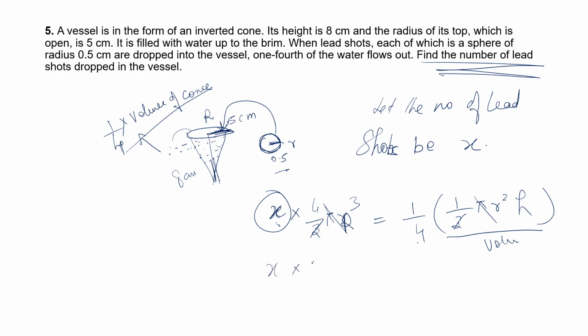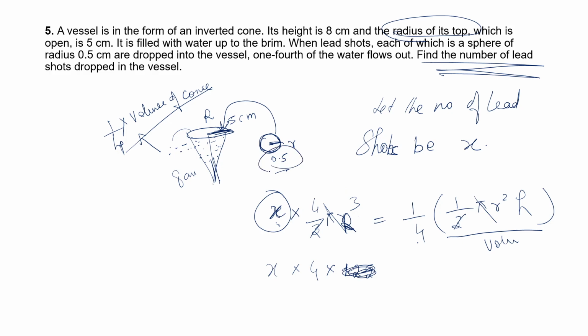So x into 4 into r cube. This is the cone's r. What is the radius of the cone? Radius of its top is 5 centimeter. So 5 5 5, 125. No, this is not 5 centimeter.